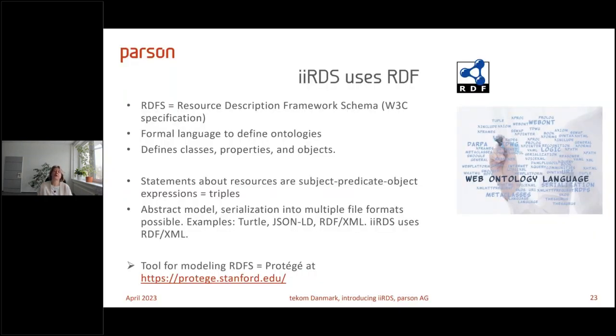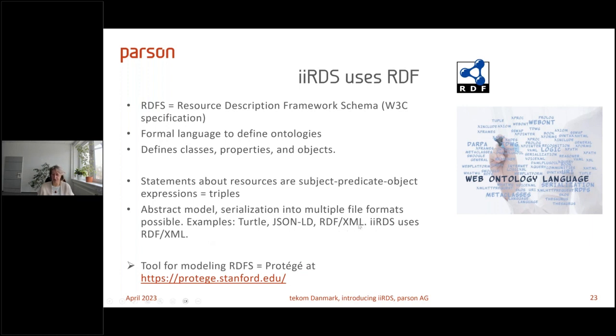Okay, so IRDS is delivered as three RDFS files. RDFS is a format or a language to describe ontologies, and it's maintained by the W3C consortium, and it's just one way of describing ontologies. It's an abstract model, meaning that you need to serialize it or write it down in a specific format. This can, for example, be XML.